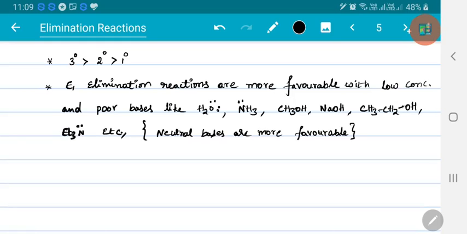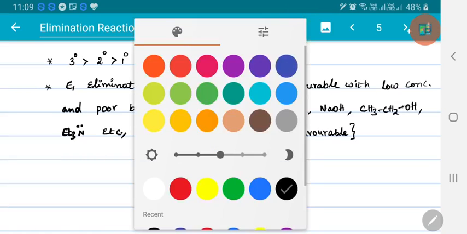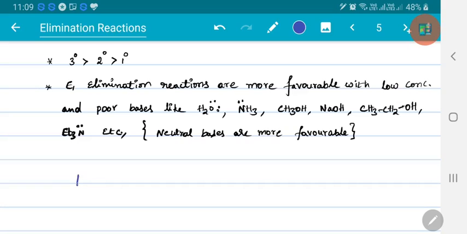Now let me check another example, then we will stop E1 elimination reactions. If I consider a tertiary alkyl halide, and if I use ammonia as a solvent with slight heat, now it prefers E1 elimination.